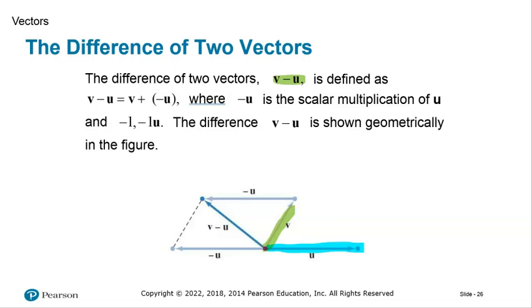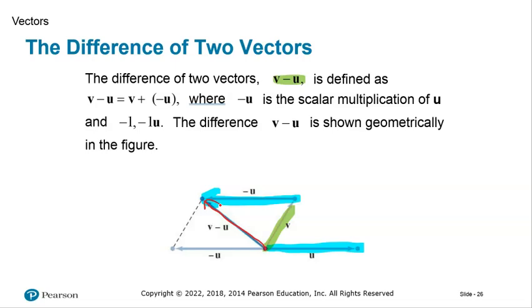Let me get rid of all my tricks here. To do v minus u, I'm supposed to pick up u and put it at the tip of v, but I'm doing minus u, so I've got to draw it backwards. That's why it's backwards like this. And my resultant vector in red is that one right there. That's my resultant vector of v minus u.